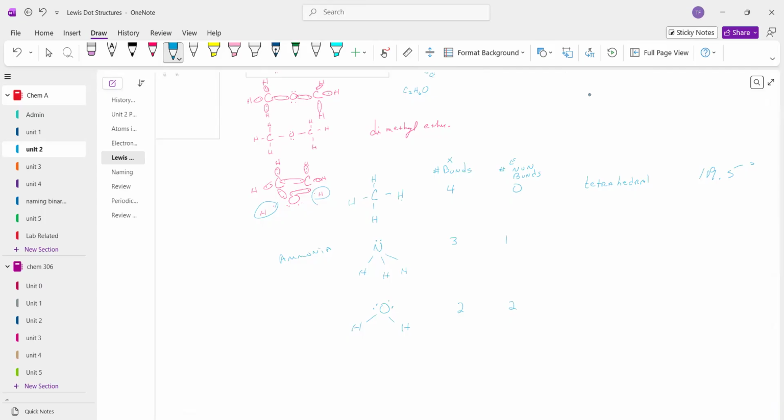So in other words, you have four bonds going into the carbon.